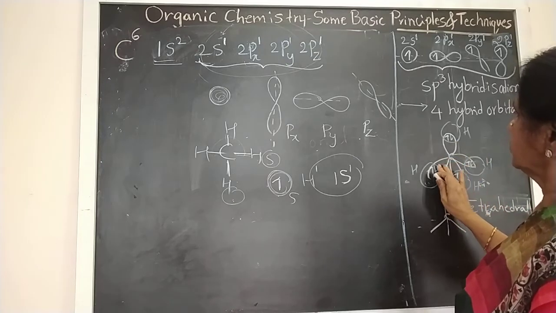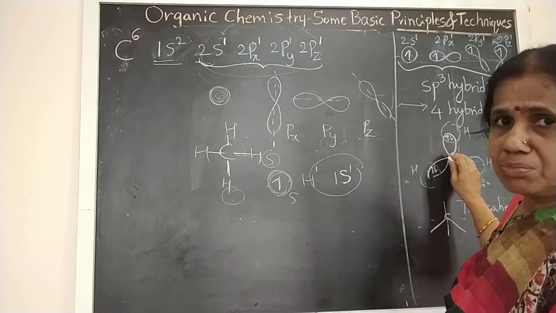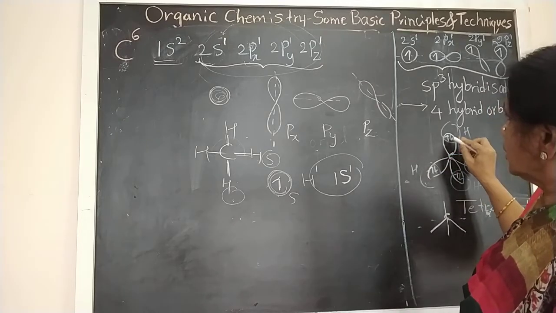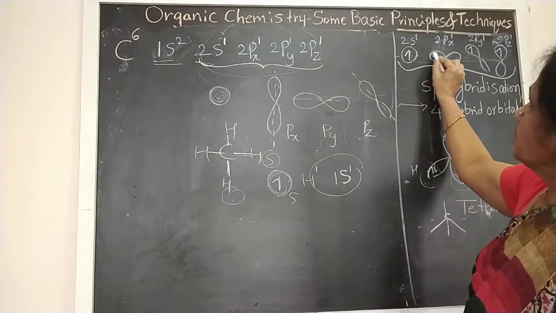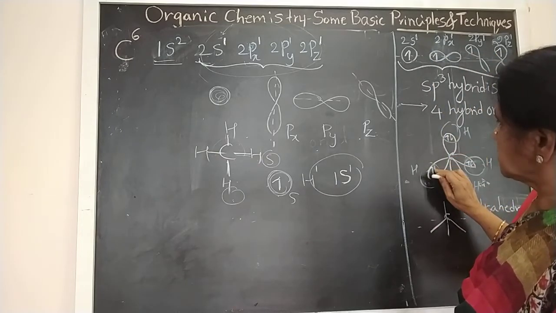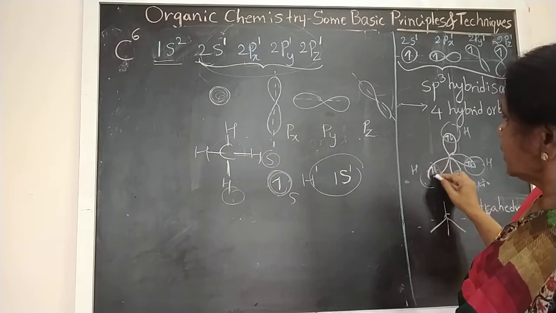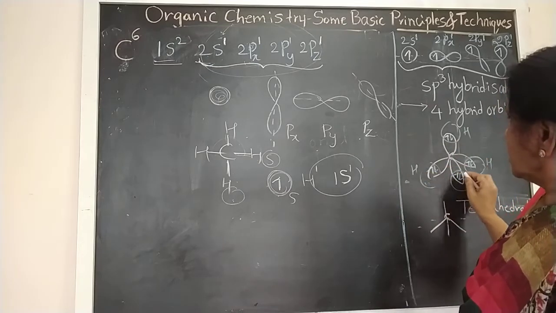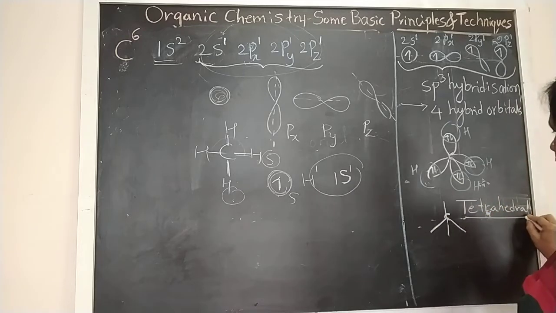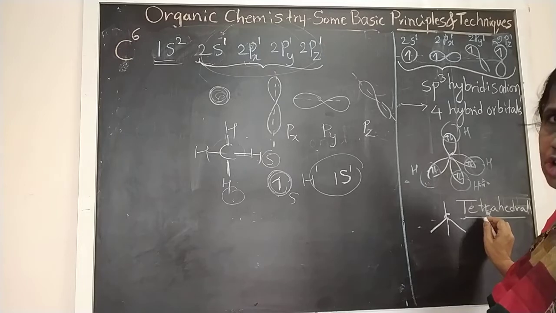They lie away from each other due to the repulsion of the unpaired single electrons present in the hybrid orbitals, giving the tetrahedral geometry.